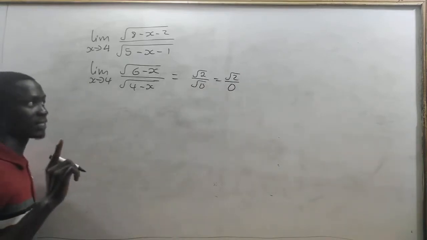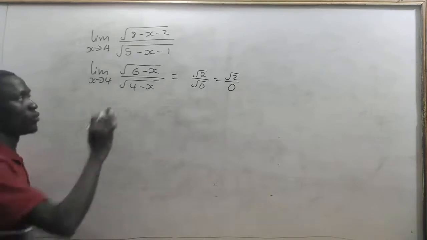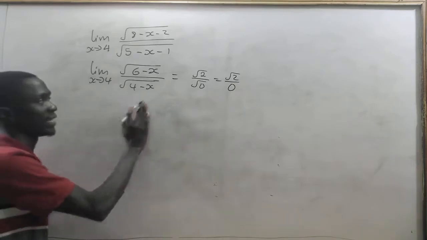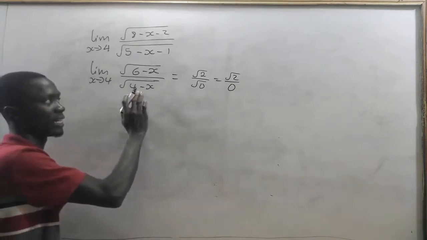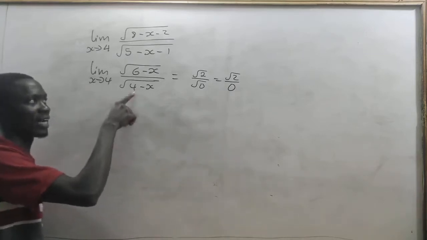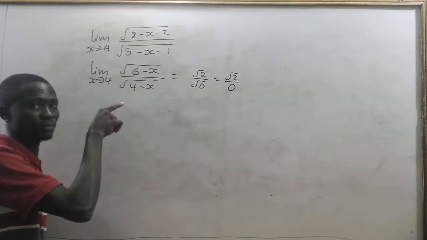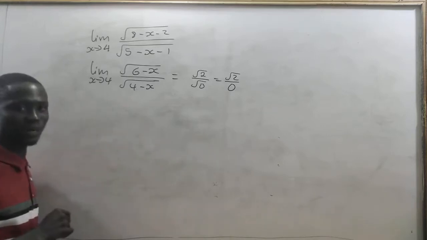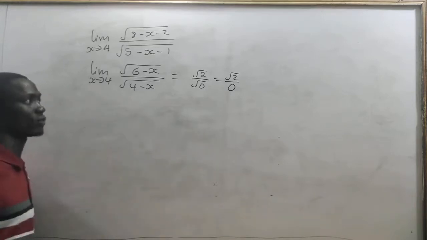So which means that what will help us? We have to use the product rule here and then take the left-sided limit and the right-sided limit of this. But watch as I do the right-sided and the left-sided limit of this, because it will give us something very, very unique than the first one that we've done.